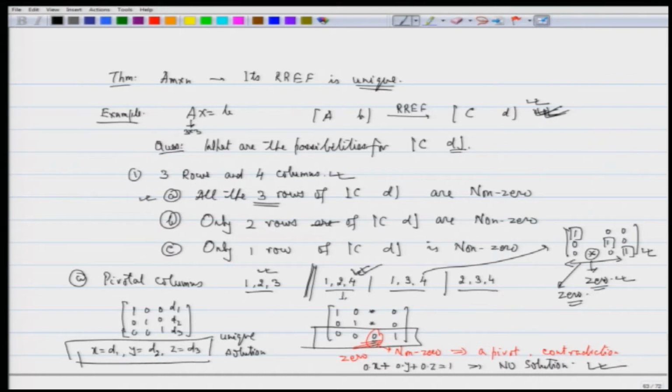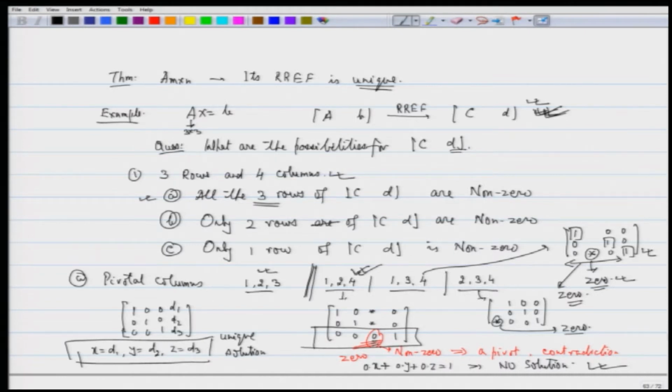Now, what happens to the case 2, 3, 4? Here 2 is the first one, so it is 1 here, 0 here, 0 here, 3 is the second one, and this is the third one that I have got. Here again, this has to be 0, because if this was not 0, then this should have become a pivot and would have contradicted that CD is in RREF.